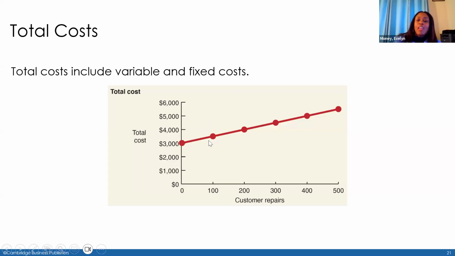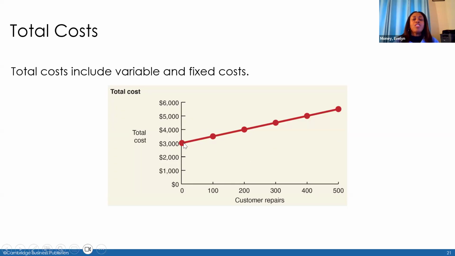So when we plot our line here, I can look at this without reading this and automatically know that this is a mixed cost. If it was a variable cost, I would have started at 0, 0. If it was a fixed cost, there would be no tilt, there would be no slope. It would just be a flat line.